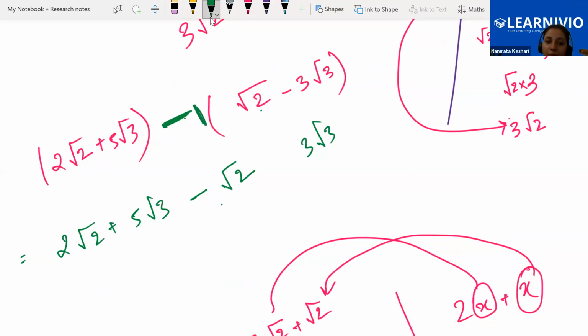We have to multiply -1 with minus 3 √3. It will be plus 3 √3 or minus 3 √3? Tell me, Ayan and Sara. Whenever you do minus multiplication, the result will be plus or minus? Plus. So here also when we open the bracket, it will be plus.